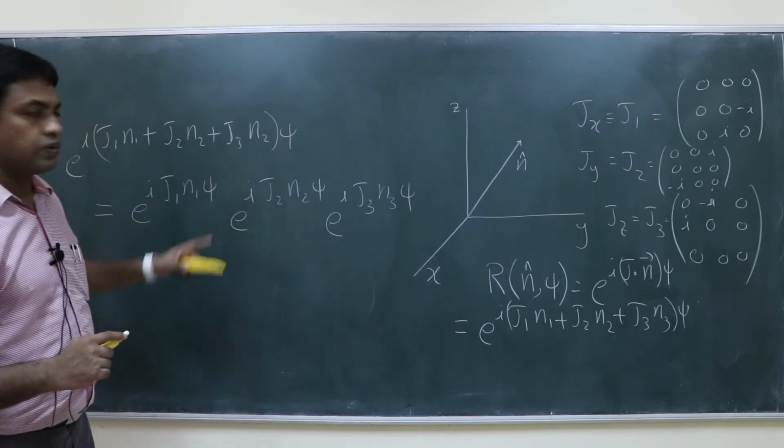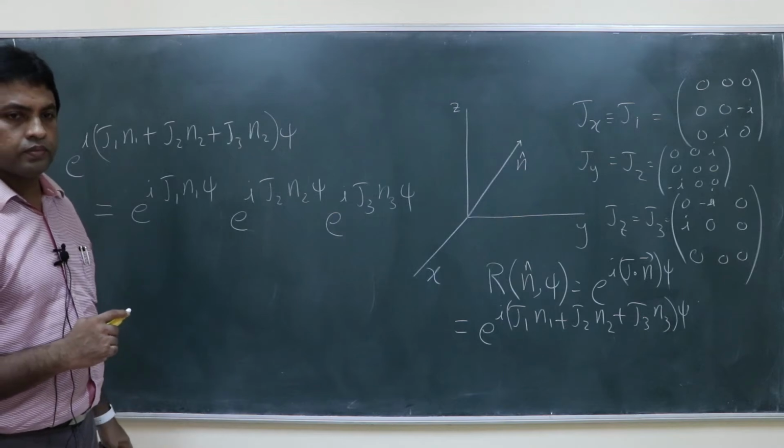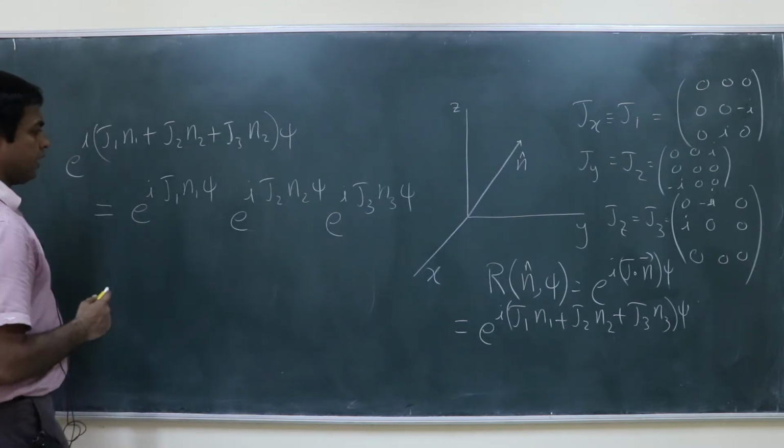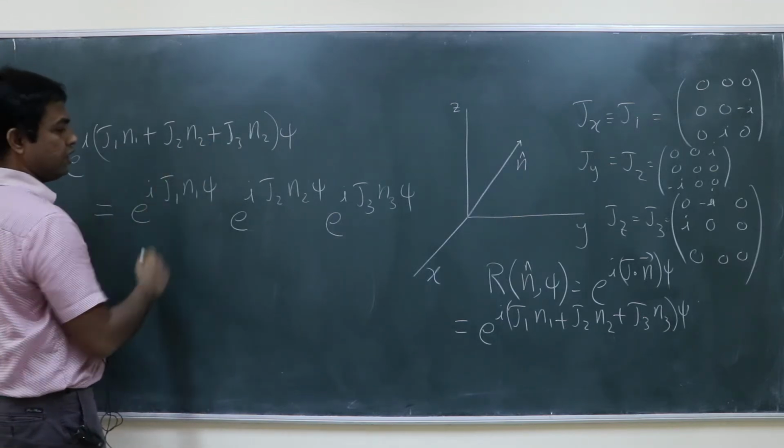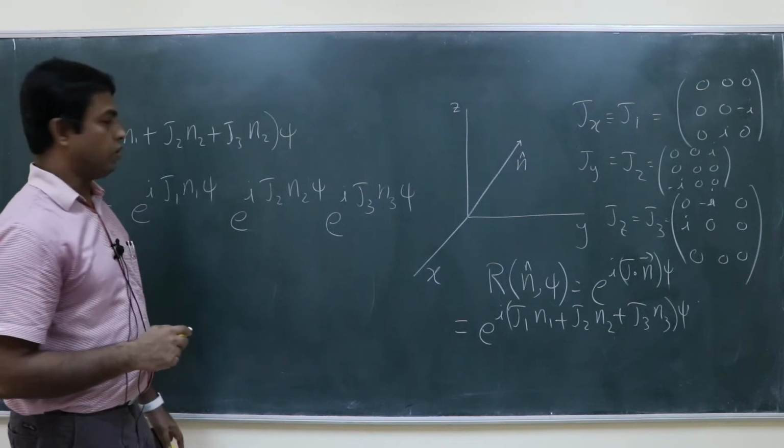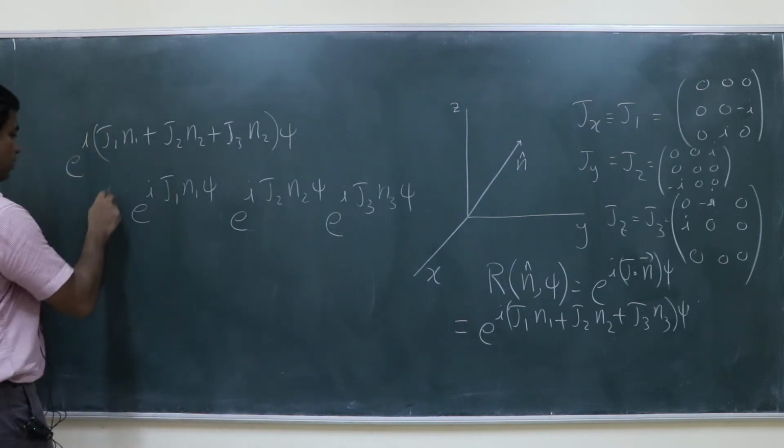Is this quantity equal to this quantity? No, sir. Why? Because J1, J2, J3 do not commute with each other. So this is not equal.